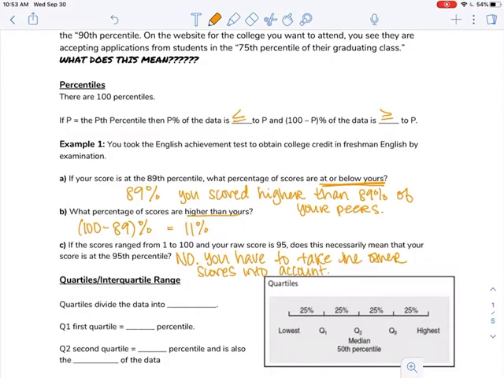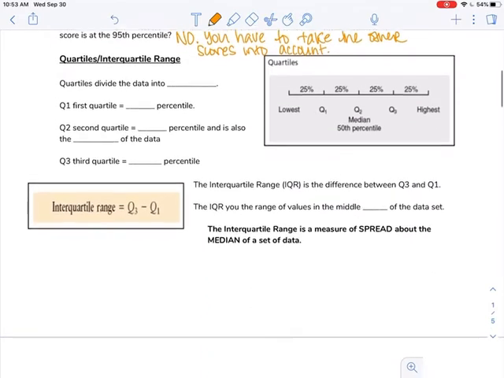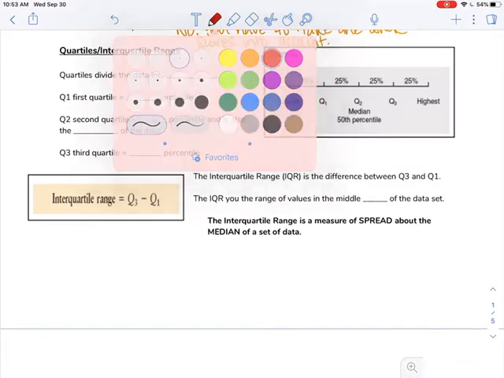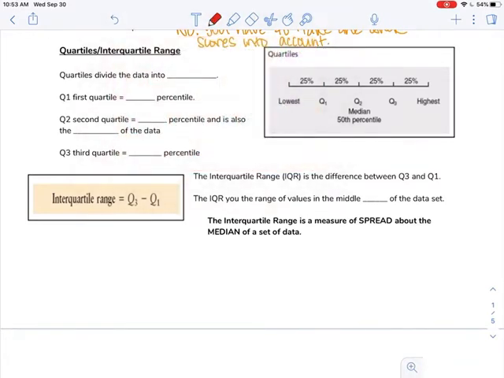All right. So next what we're going to look at is quartiles and interquartile range. So quartiles essentially divide our data into fourths, all right, or 25%. Our first quartile is the 25th percentile. Our second is the 50th.